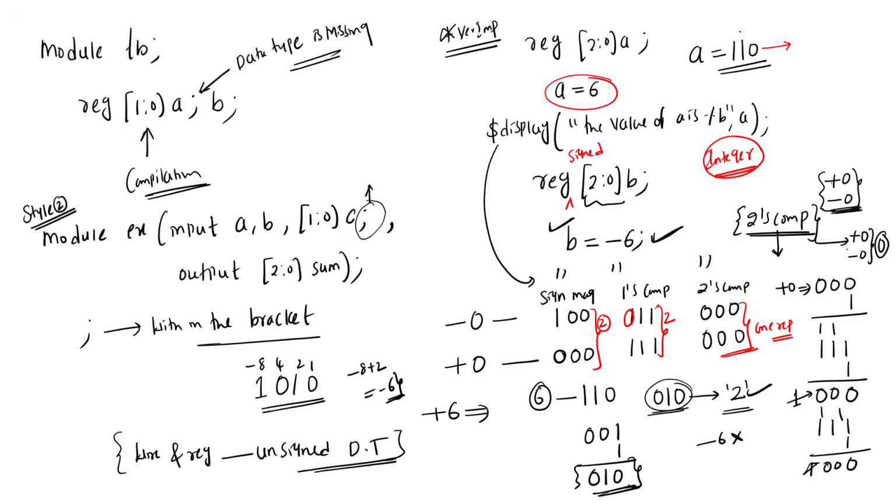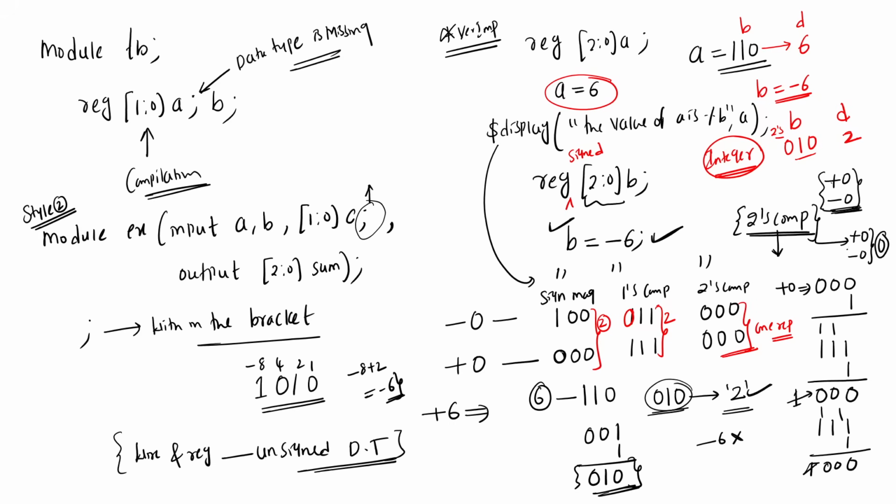If you want to display in binary or decimal, it will display 110 and 6. Suppose you are giving b equal to -6, and using $display, the value of b is %b. In binary it will display 010, in terms of two's complement. The same value in decimal will display 2. This is a separate concept, and I will explain it with coding. For now, remember that.